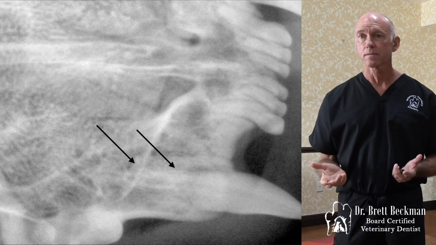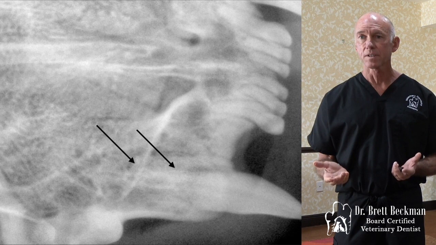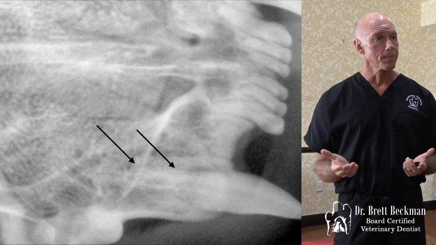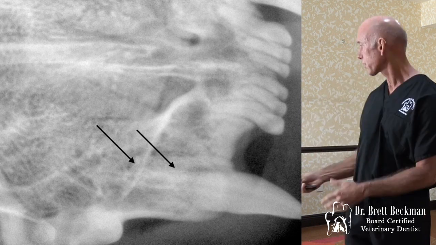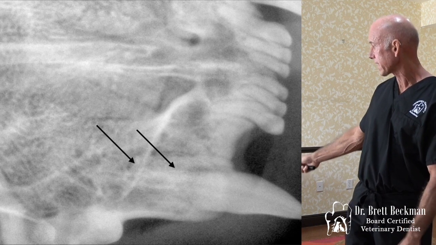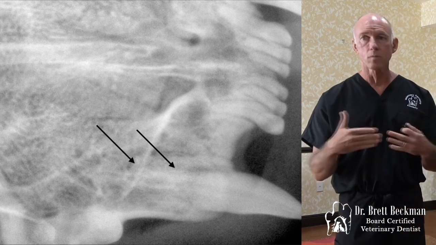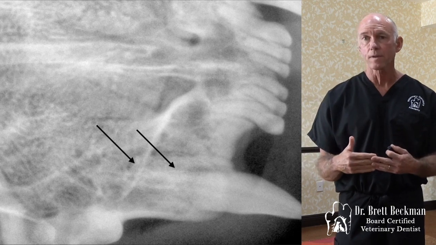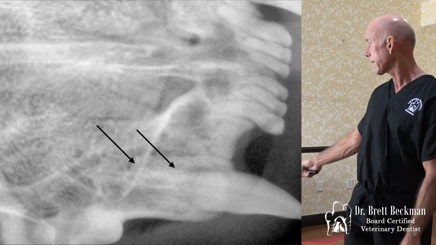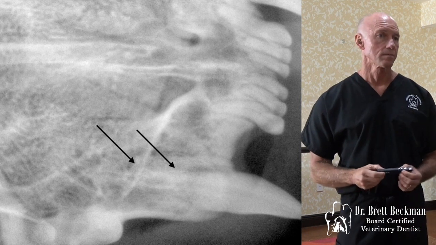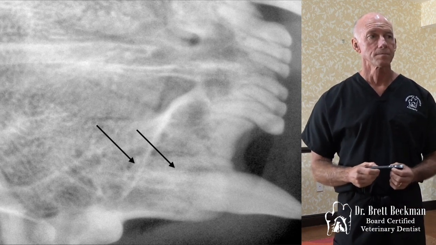And then you can confirm that grossly, obviously, and you may not have to go up all the way. You may get your burr up to where that arrow is and say, oh, well, this is resorbing tooth, this is bone replacing tooth, so I don't have to go any further. I'm just going to take this part and smooth the rest down. That's kind of how you approach that.